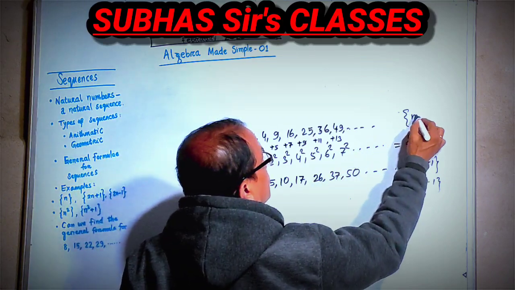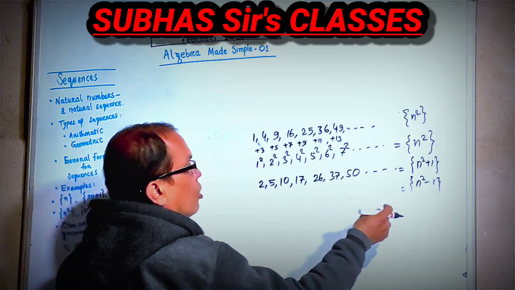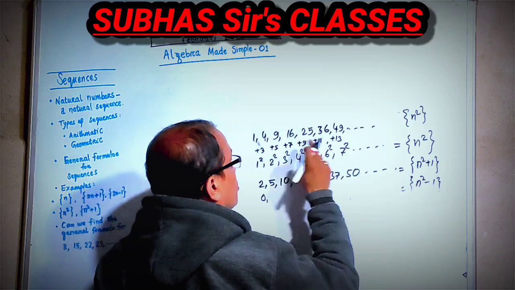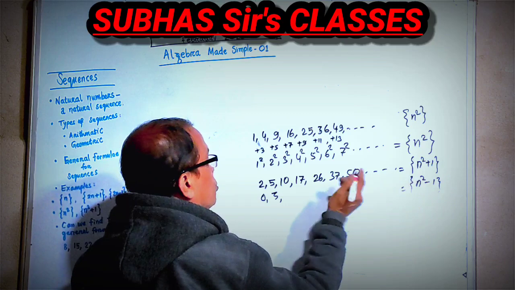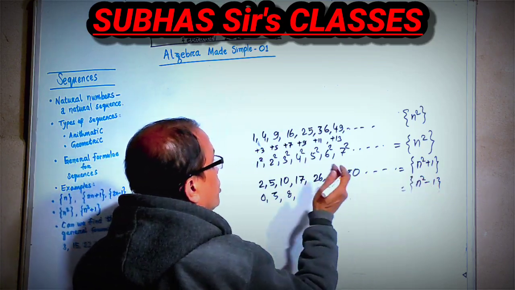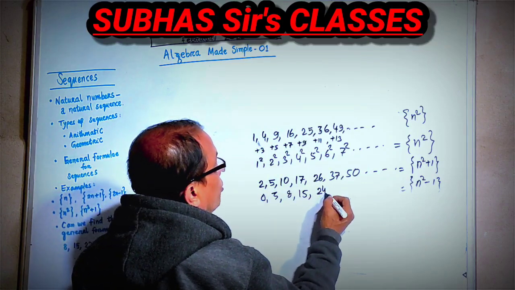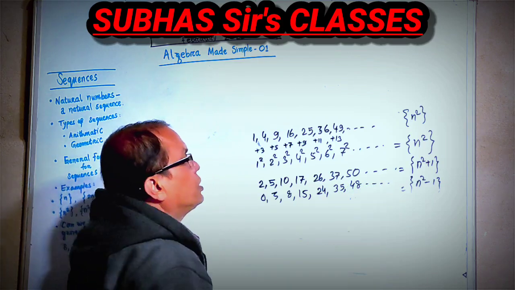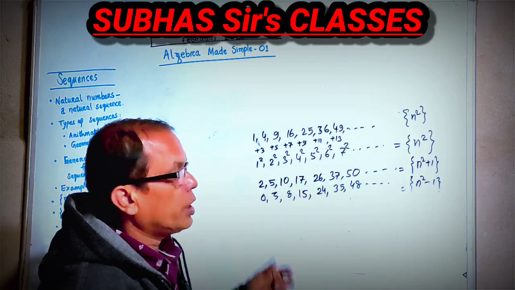So subtract 1 from each: 1 square minus 1 is 0, 2 square minus 1, 4 minus 1, so 3, next 3 square minus 1, 9 minus 1, so 8, next 4 square minus 1, so 16 minus 1, 15, and you can find the remaining like 24, 35, 48, etc. So this is the way to find a general formula for any sequence.